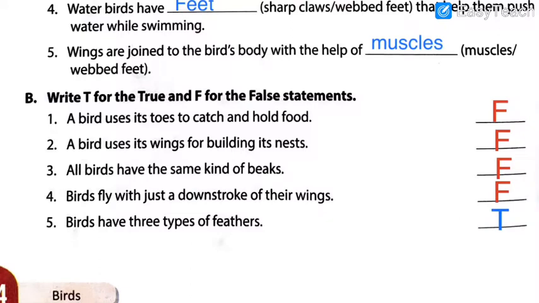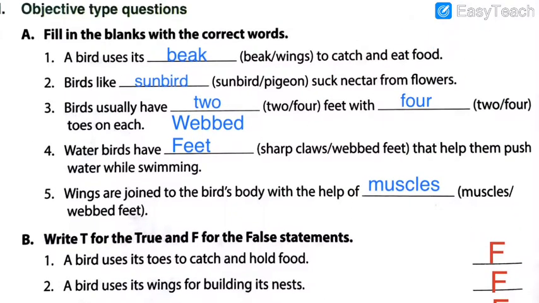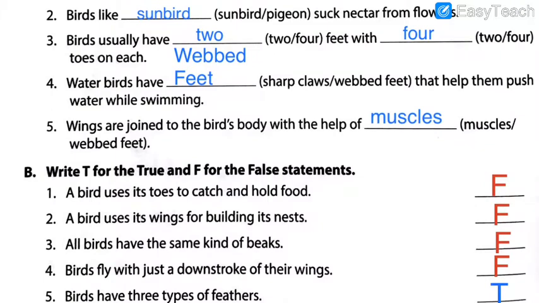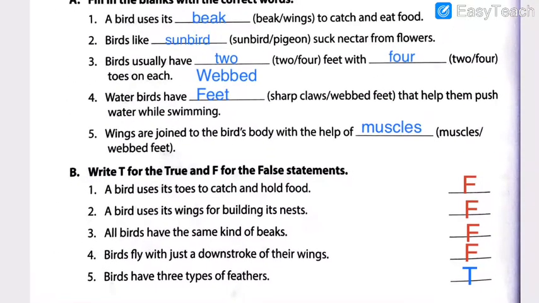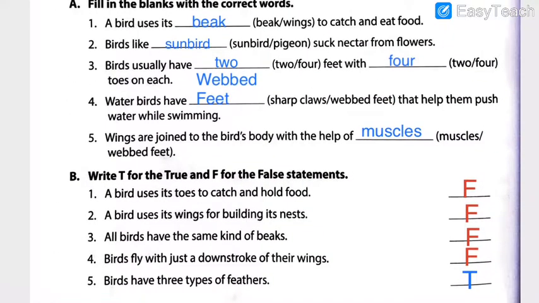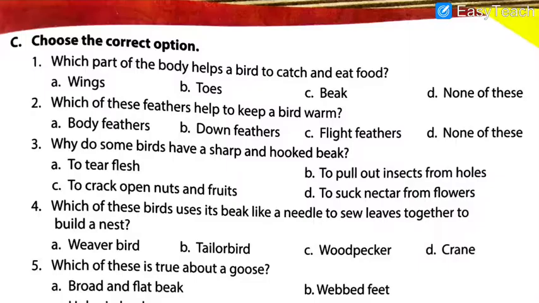Okay, so here we have completed question A and question B of objectives. I hope that you too have written the answers at least. Now let us move on towards the next question, question C, which is choose the correct option, a kind of MCQ. So I hope that now you are ready to solve this MCQ.